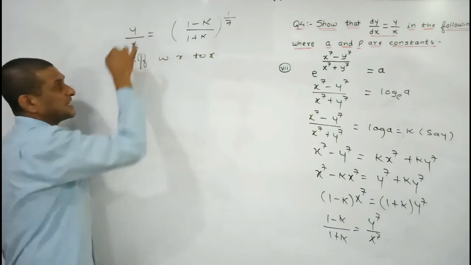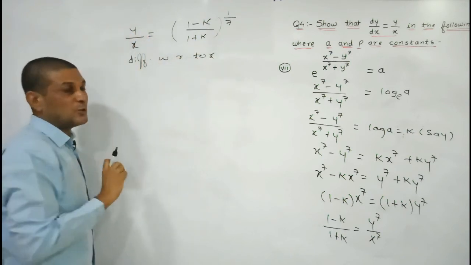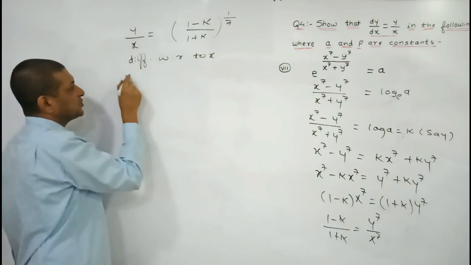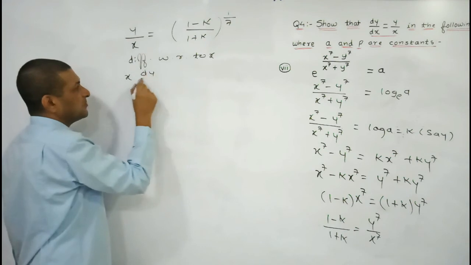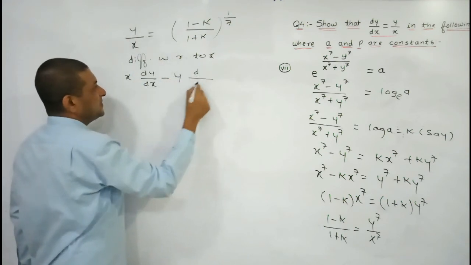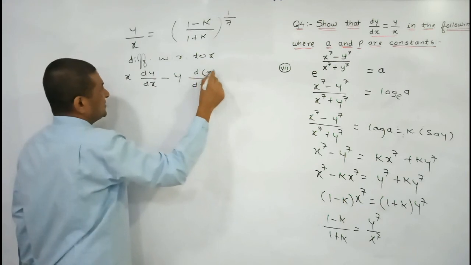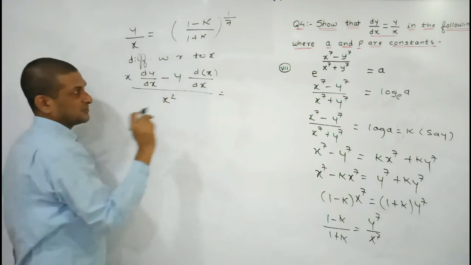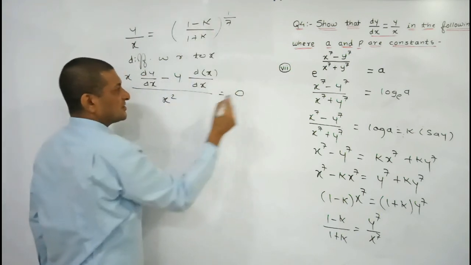On this side, find the differentiation by applying the quotient rule. v as it is, v means x as it is, into the derivative of u, which is the derivative of y, minus y as it is into the derivative of x, divided by v square. We are simply substituting the values in the quotient rule. On this side the derivative of the constant term is 0.